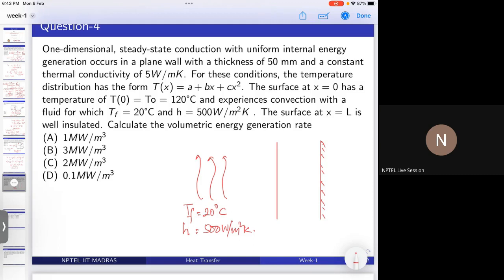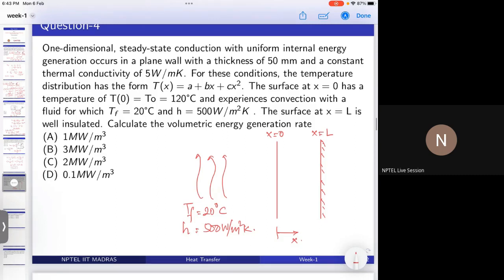So I'm taking from here as x. So this is x equal to 0 and x equal to L. As per the question, the surface x equal to L is well insulated, and T_0, this temperature, is given as 120 degrees Celsius.